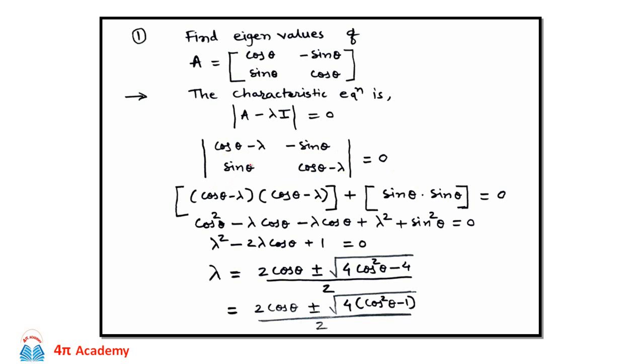Solving this determinant, we get cos theta minus lambda into cos theta minus lambda, then minus into minus becomes plus sin theta into sin theta, equal to 0. So solving this, we get cos square theta, minus lambda cos theta, minus again lambda cos theta, plus lambda square, plus sin square theta is equal to 0.